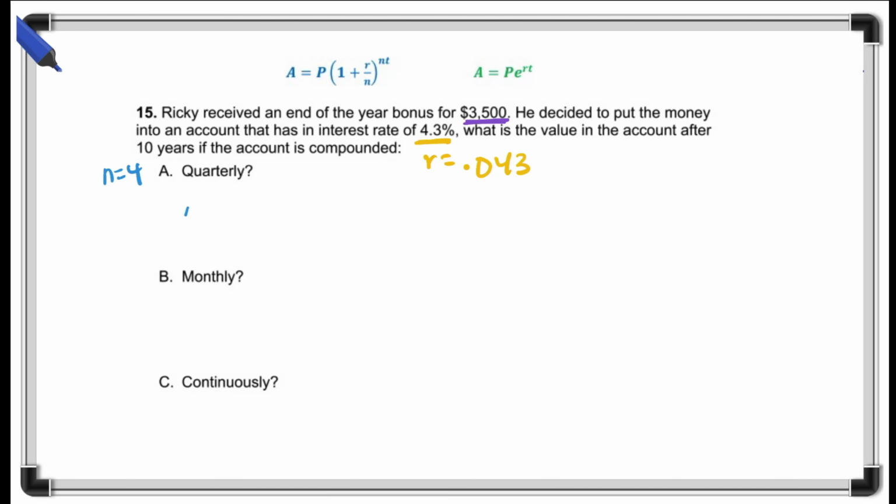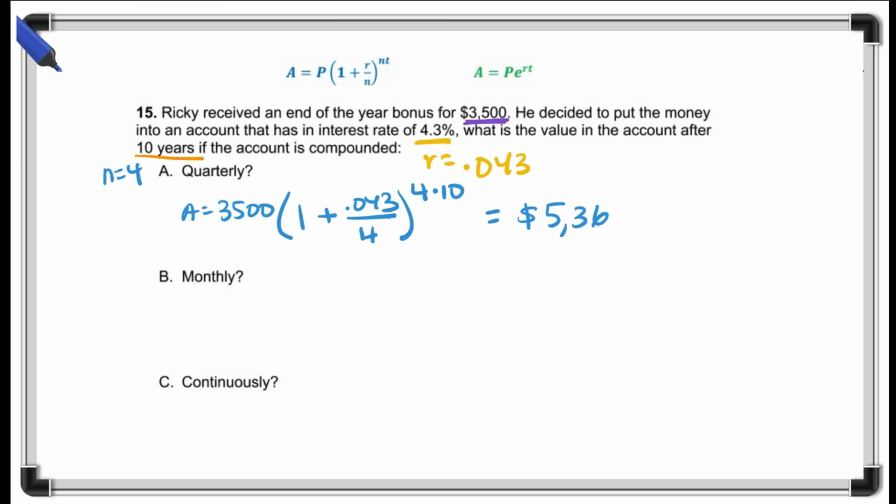So we're going to do 3,500 and then 1 plus 0.043, n is 4, to the 4 times 10, because we had 10 years here. And our answer is $5,368.07.